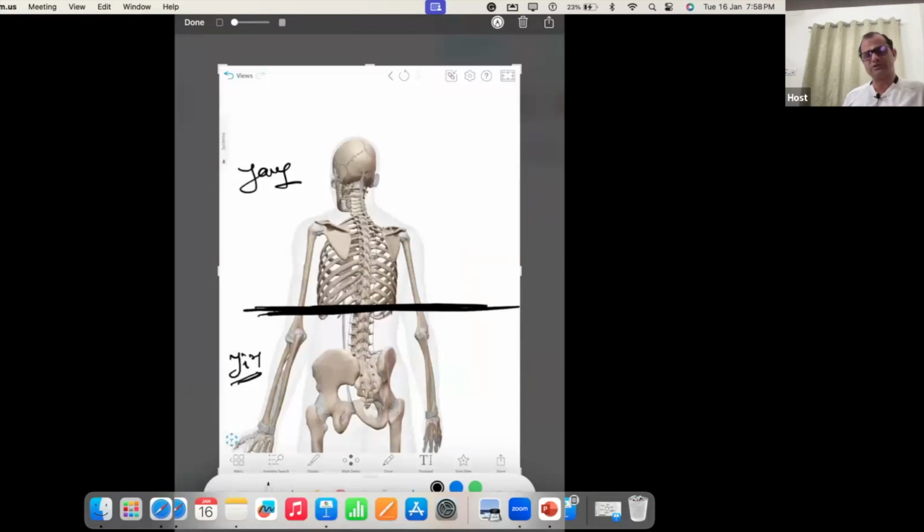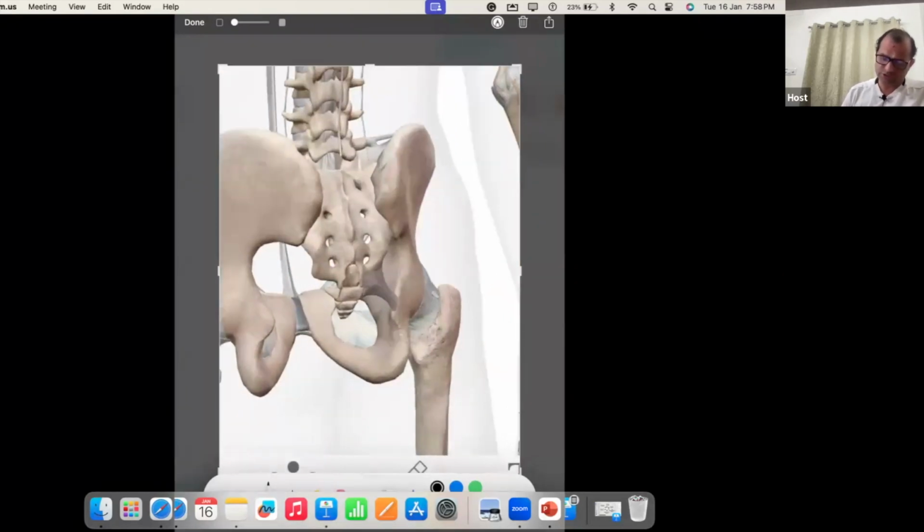We are doing the classification of the spine, and the lower part will be yin. So the tailbone is the first. This tailbone, or the coccyx bone in the bottom. So this is coldness. Okay.